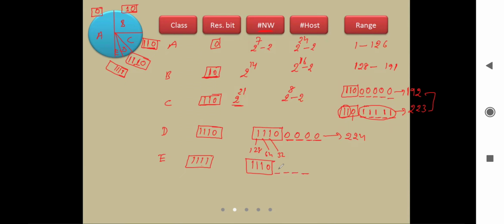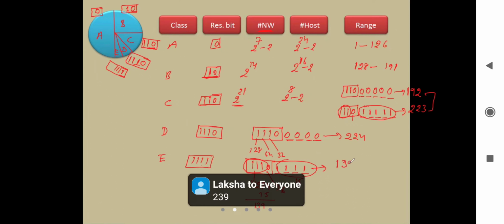I will put all ones for the maximum number. What is the value for this one? Up to this part it is 224, here it is 16, and after 16 all are ones, that is 15. So we add 15 here. Then it becomes 239. So this is the range for class D.